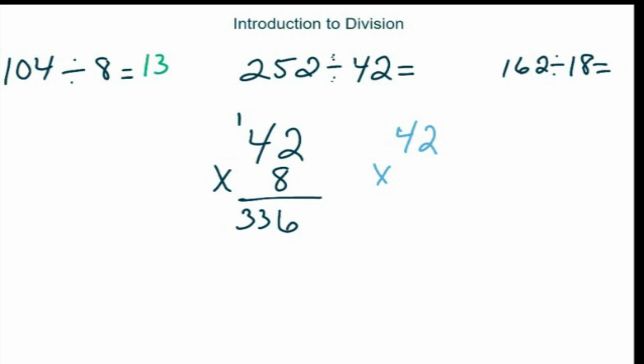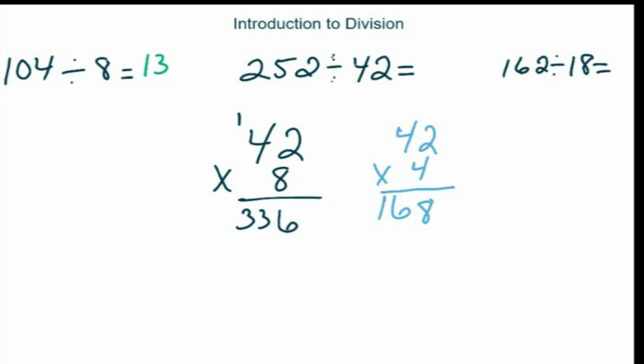42 times 4. And 4 might work. 42 times 4 is 168.